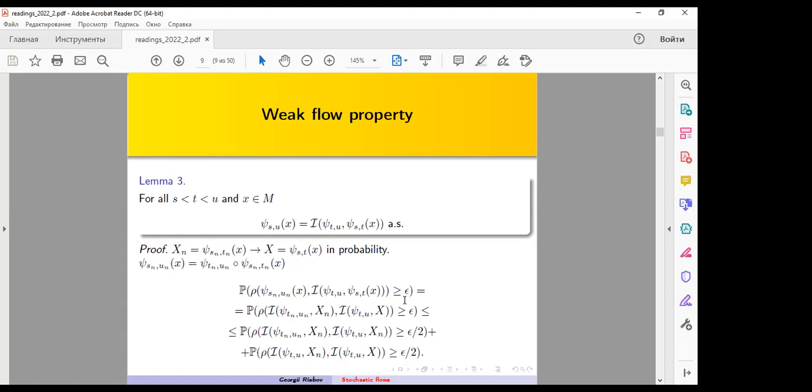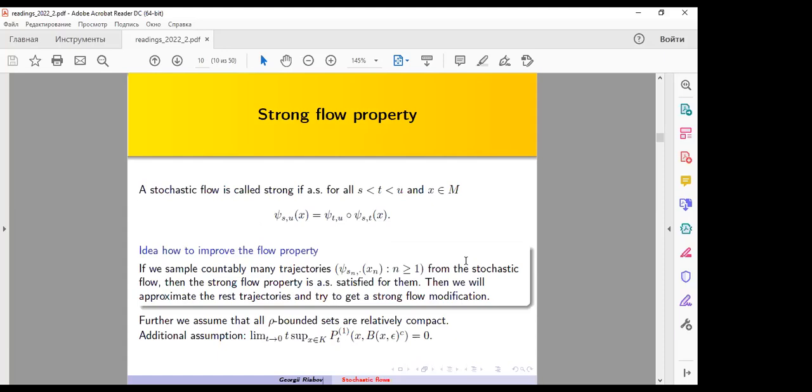Now xn is independent of psi Tn un and psi tu, so we can use the Fubini theorem, and the first summand will go to 0. And xn converges to x in probability, and psi tu is now fixed. Last time we proved that in this case we also have convergence in probability. So the second summand also goes to 0, and we have the weak flow property.